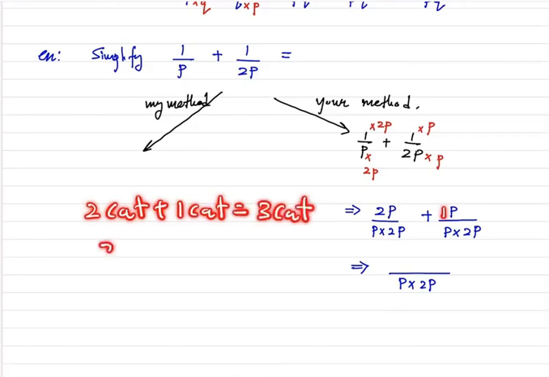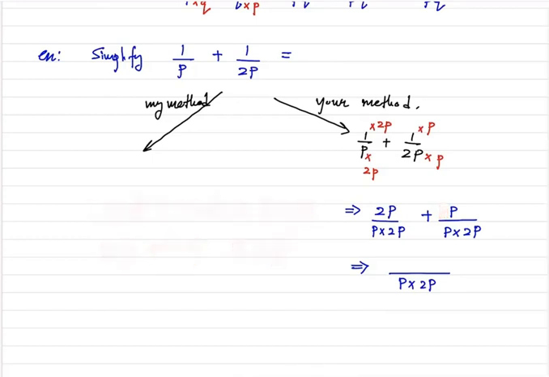So that means 2P plus 1P should be 3P, right? So you can put that there. Easy. Okay, so you can have this as the answer. There is a further simplification. I'm not going to teach you that simplification right now. Later on, you will understand how to simplify this more.